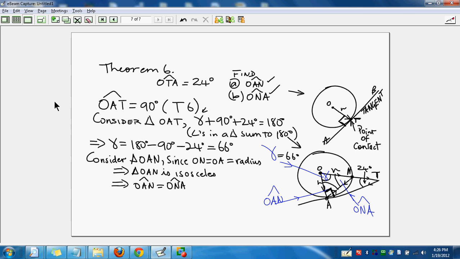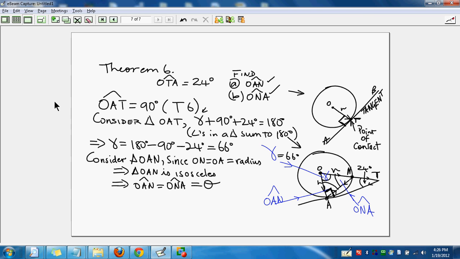The angle alpha up here will be the apex angle, and the other two will be the base angles, and they will be equal. For ease of reference, instead of writing that over and over again, let's simply call that theta.